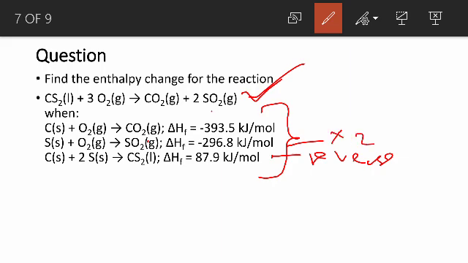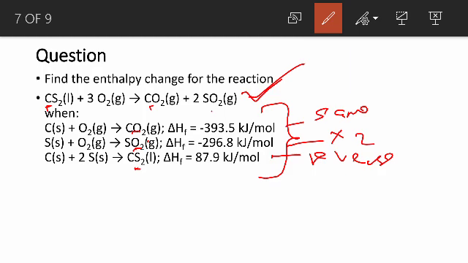Now, CO2 is on the right hand side in both, and the number of moles is the same, so this will remain the same. Comparing CS2, here it is on the left hand side and there it is on the right hand side, so I have to reverse. Now SO2 is on the right hand side in both, so no reversing.